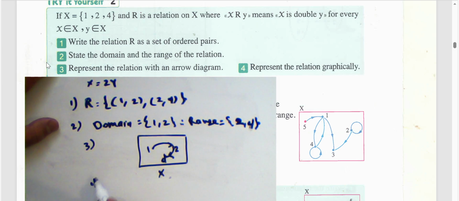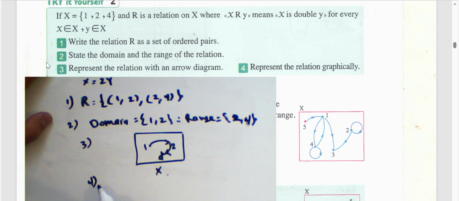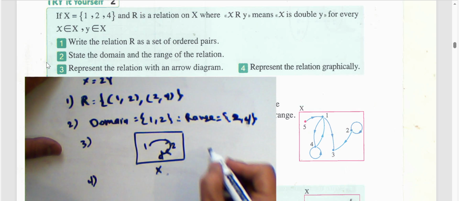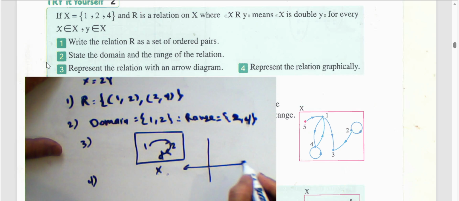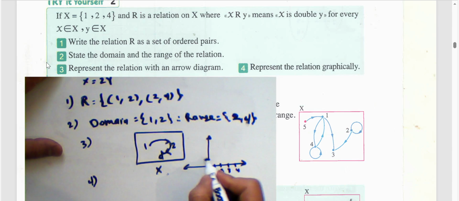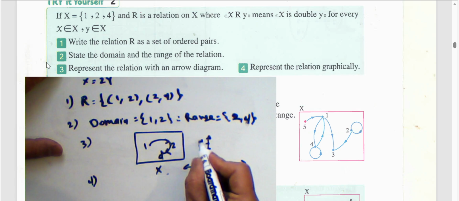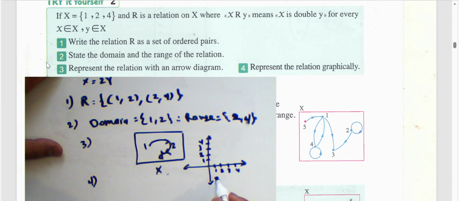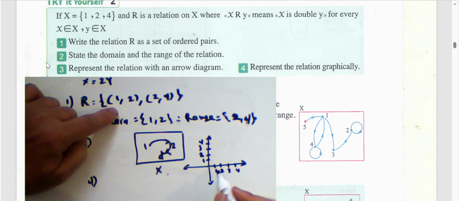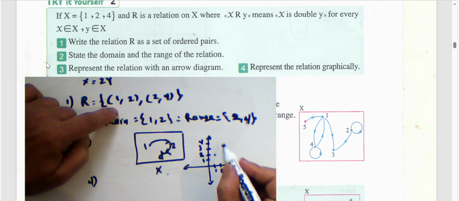Number 4, represent the relation graphically. We can draw it like this: 1, 2, 3, 4. 1, 2, 3 and 4. The image with 1 is 2 and 2 with 4.